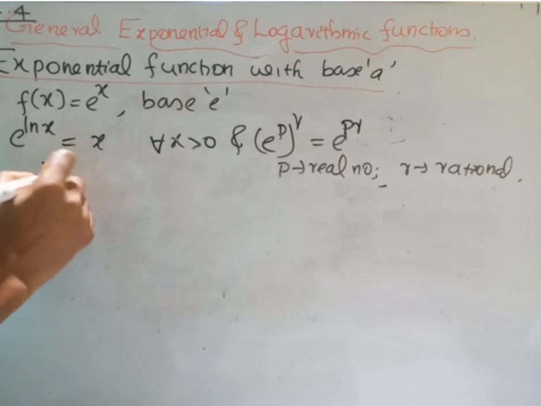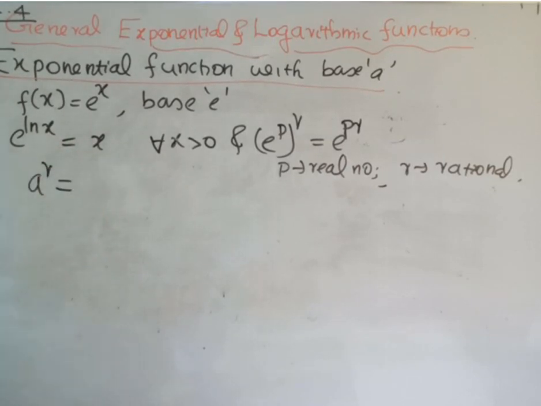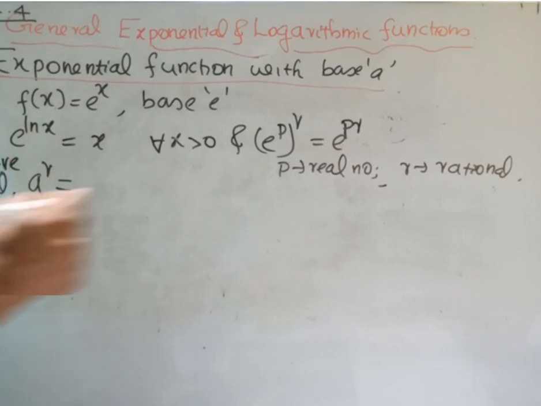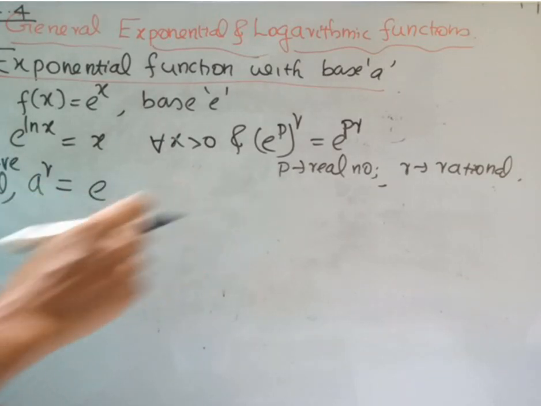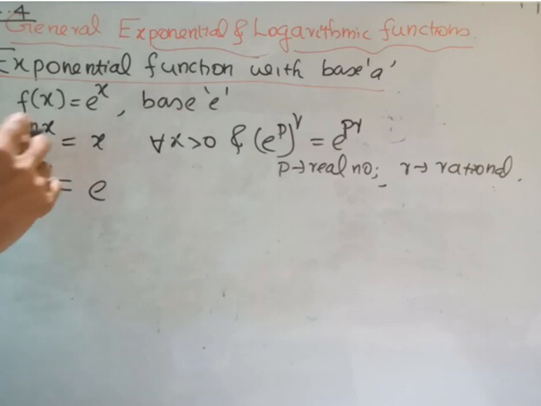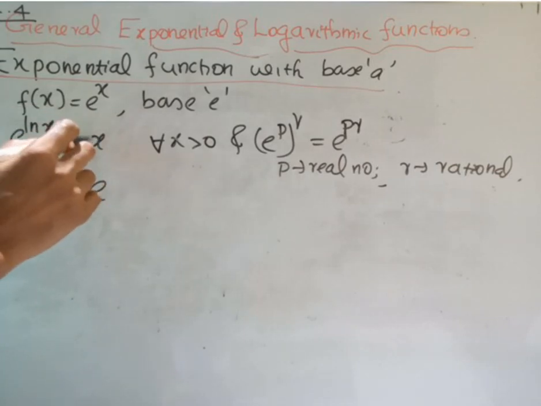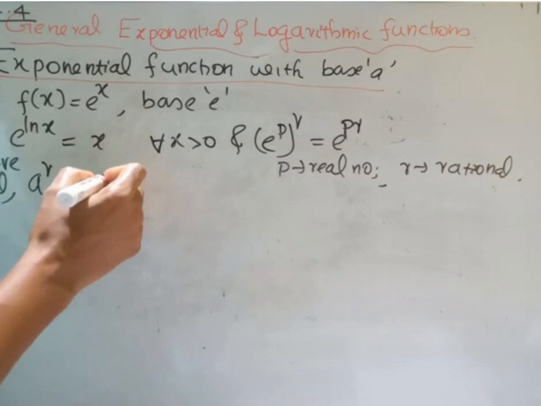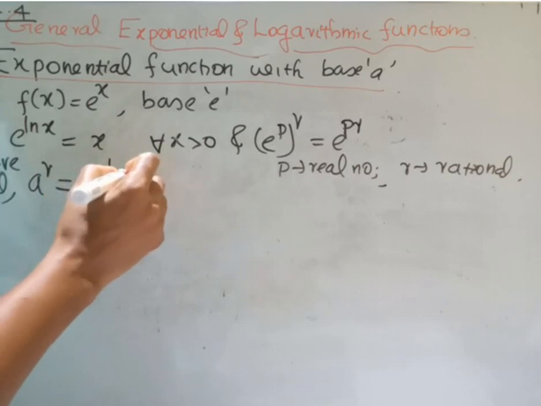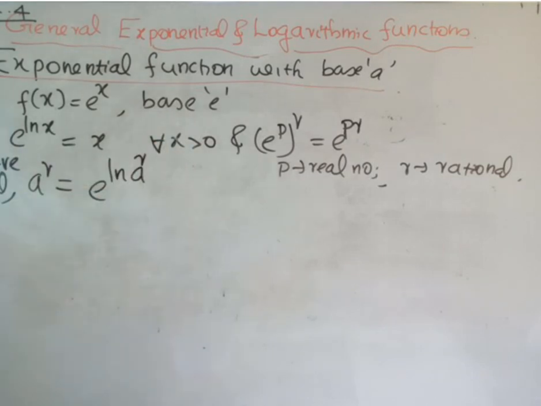So what will be a raised to r, where a is any positive real number? Suppose a is any positive real number, then a raised to r, I can write this using e raised to natural log x equal to x, as e raised to natural log of a raised to r.